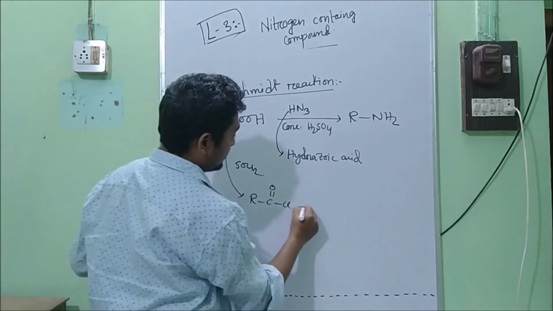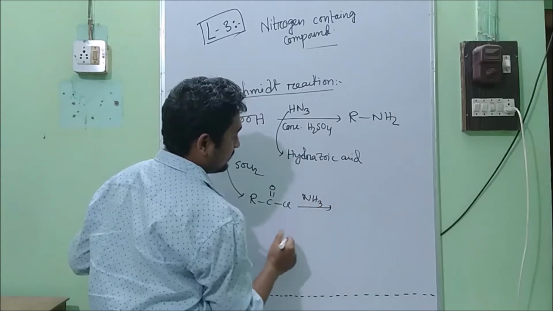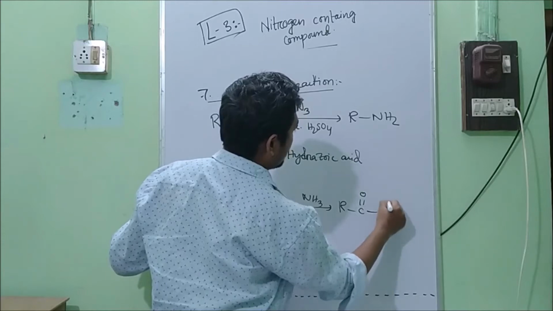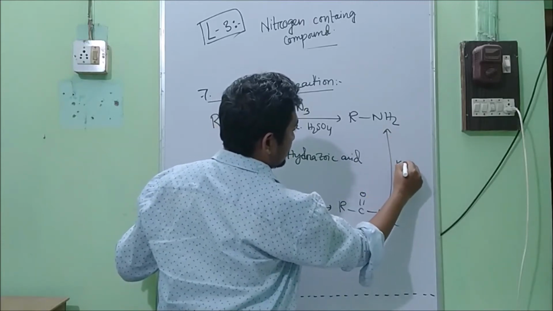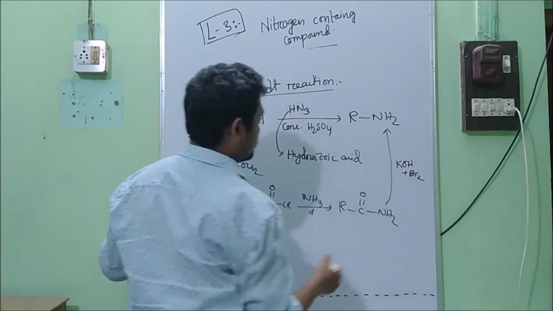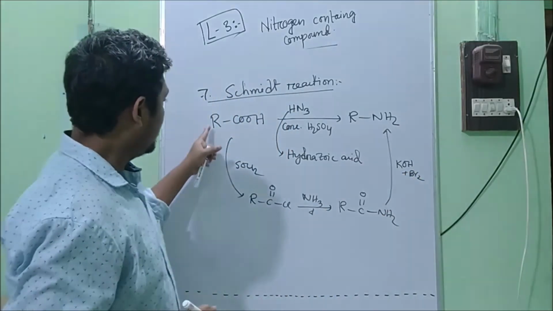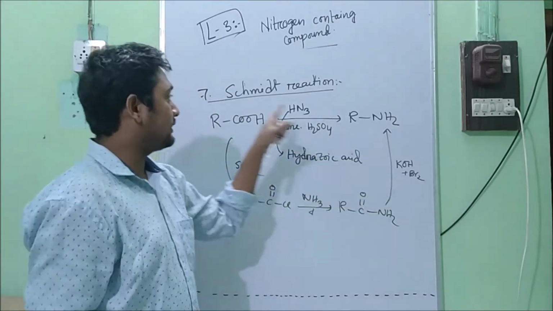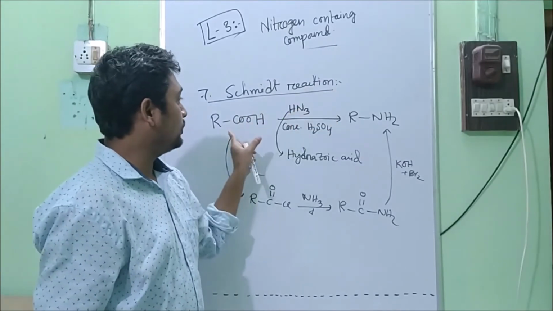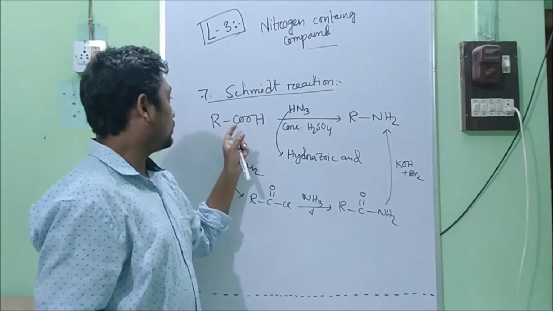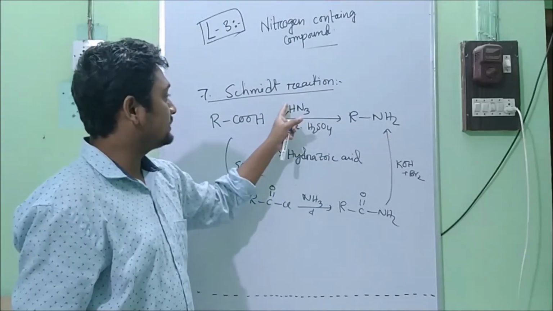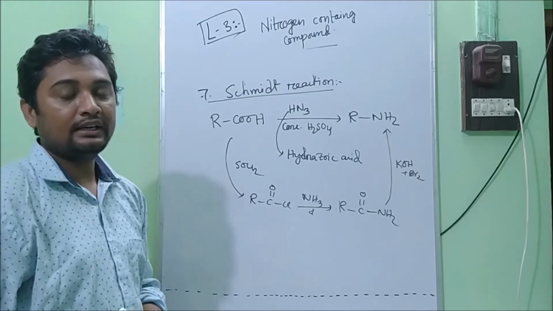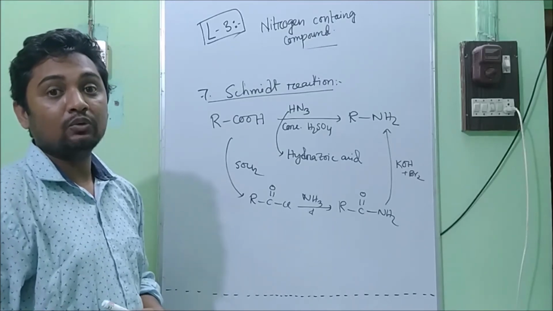It will convert into RCOCl, then you use NH3. By giving heat, it will convert into RCONH2, and again you can get the amine by using KOH plus Br2. So the problem is that if we go that way, then lots of reagents we have to use. But Schmidt gives the simplest way to convert carboxylic acid to amine by using just these two reagents. So this is a very important reaction to convert carboxylic acids to amine in one step.